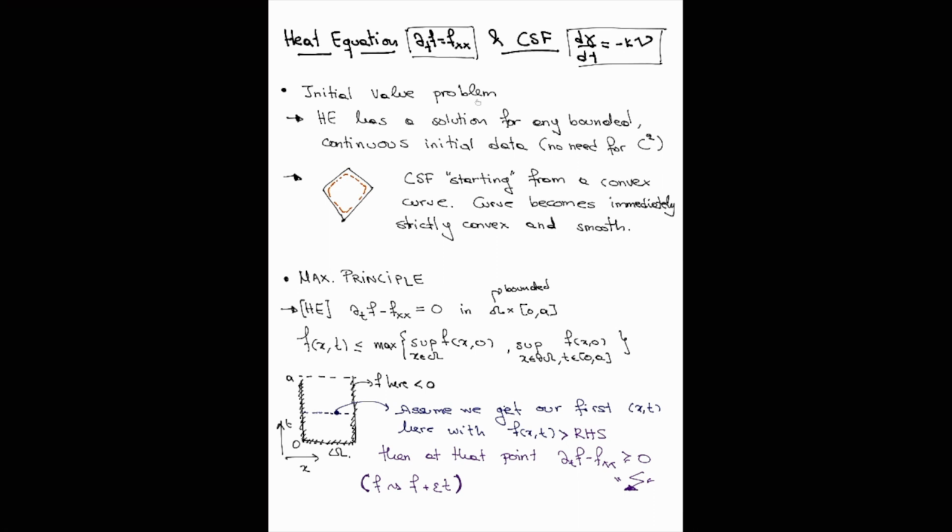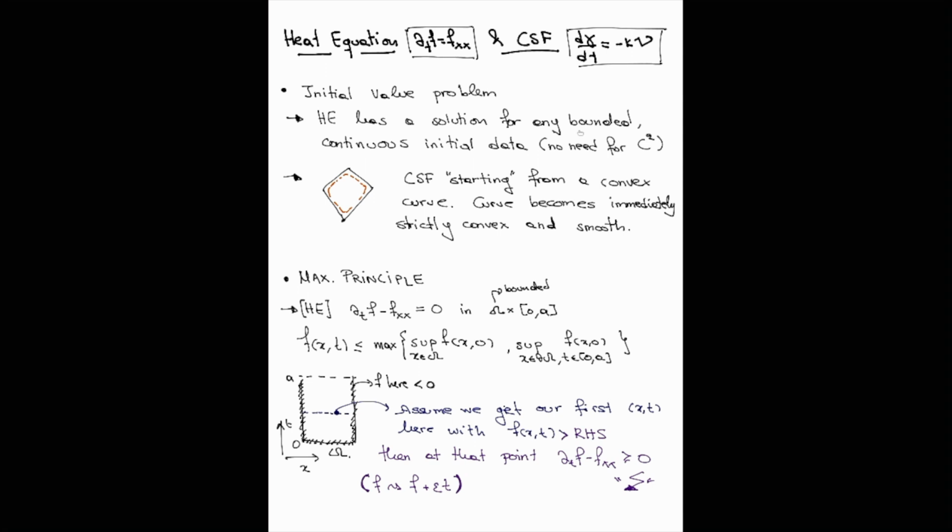So in general, if you put any smooth function, you can have a solution of the heat equation that starts from this function. Now, if you look at this equation, on the right-hand side I have two derivatives. So you think that it only makes sense for functions that are at least C2, or at least twice differentiable. However, you can show that the heat equation has indeed a solution starting from any bounded continuous initial data.